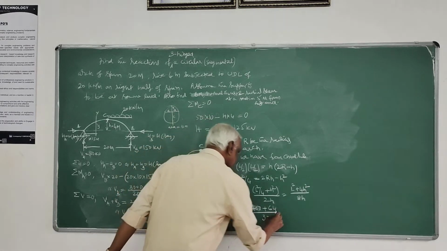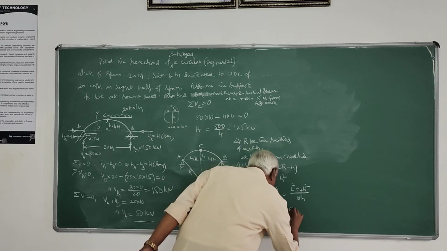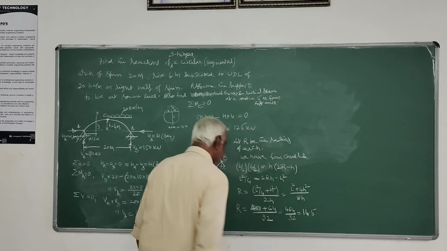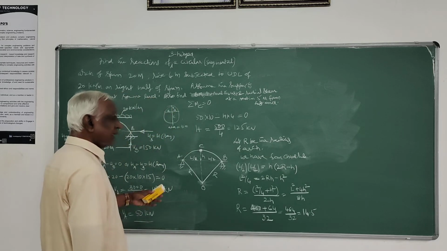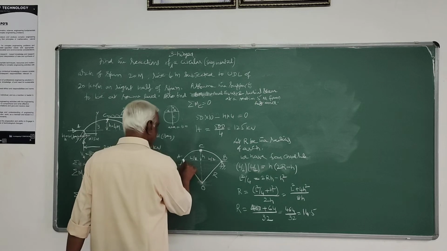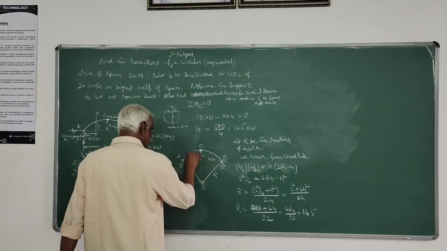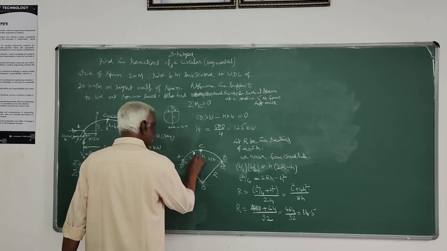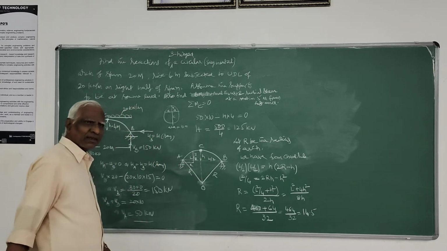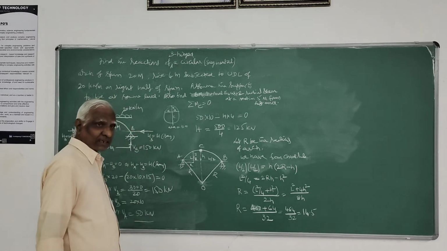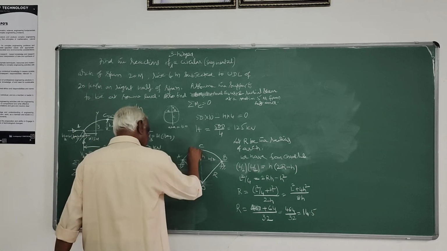That is equal to 464 divided by 32, that is 14.5 meters. And once you get R, then you can find out at any distance X, what is Y. Or you can find tan theta also, at any section.